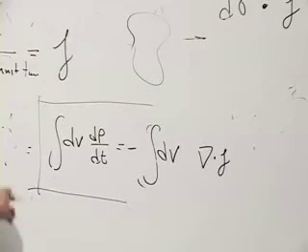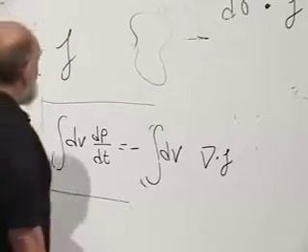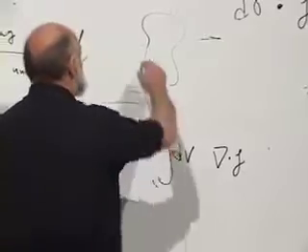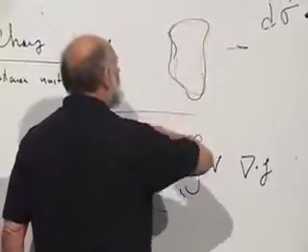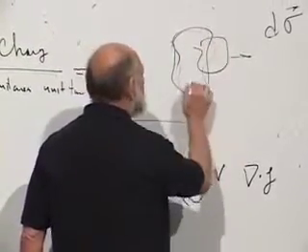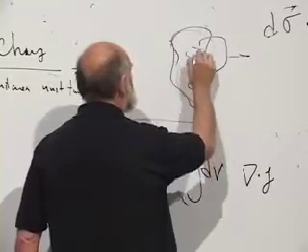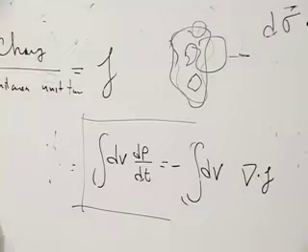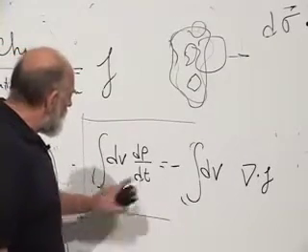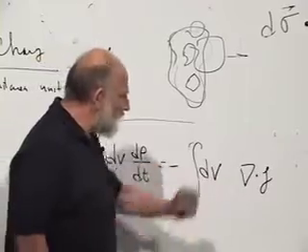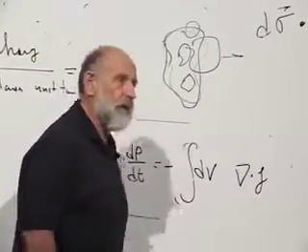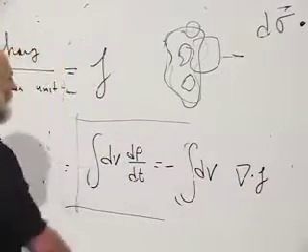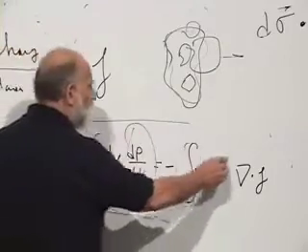If two integrals like this are equal, not only for some particular volume but for every volume you can think of, then there's only one way that can be true. If for any region you can pick, the integral over the volume of one thing is equal to the integral over the volume of another thing, the only way that can be true is for the things themselves to be equal.